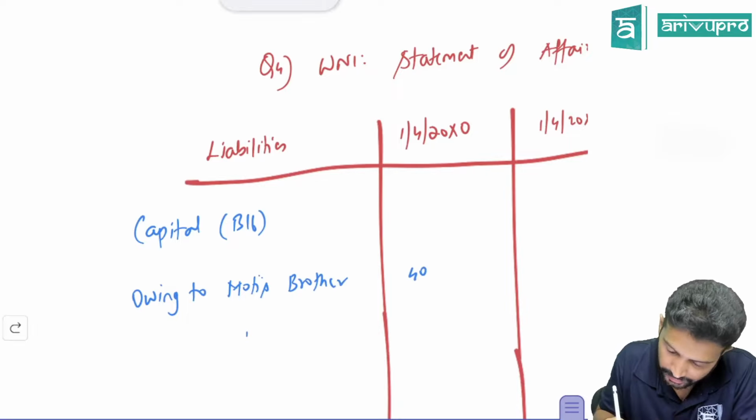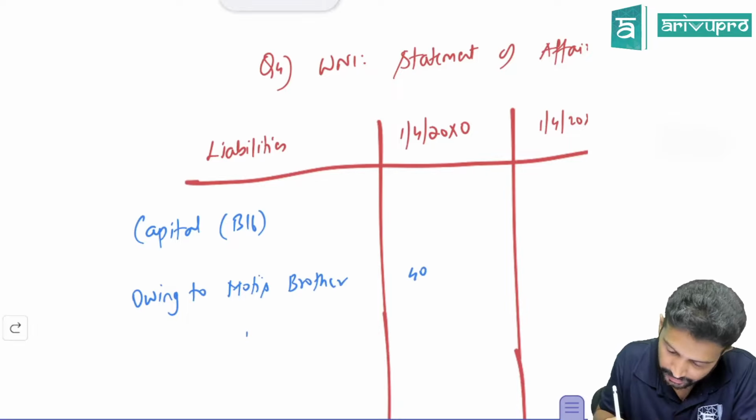So we have sundry creditors as well, 35,000. Any other asset or any other liability on 1st April 20x0? No. So give me the total. 3,88,000. This side also should be 3,88,000.